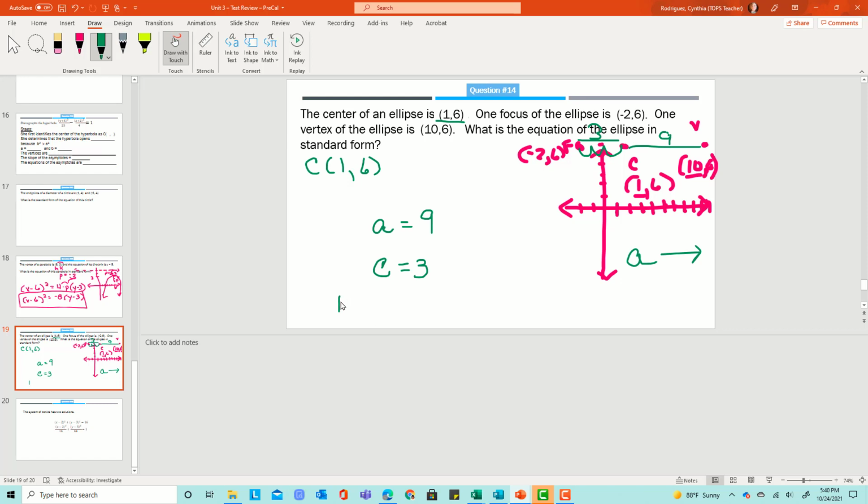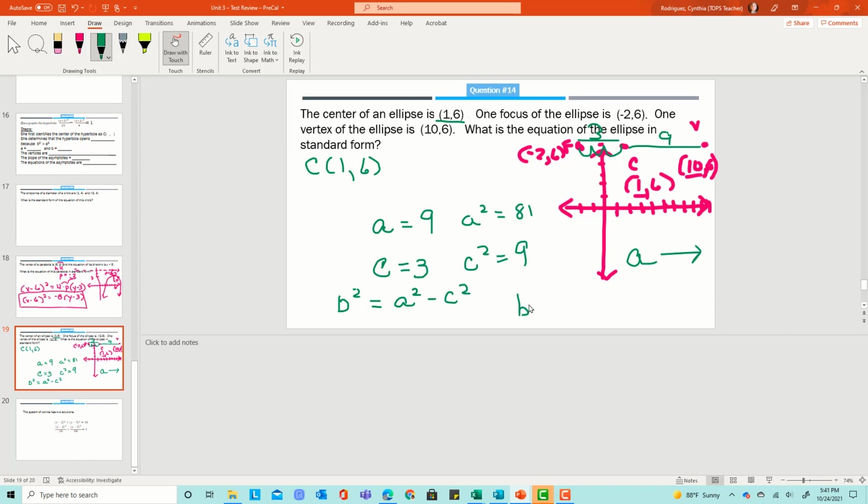All right, b squared is equal to a squared minus c squared. So a squared is 9 times 9, which is 81. c squared is equal to 3 times 3, which is 9.